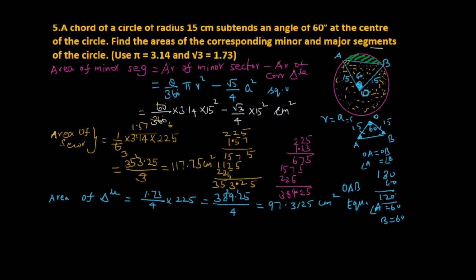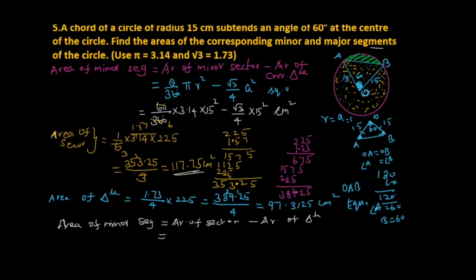Now area of minor segment is equal to area of sector, which is minor sector, minus area of triangle. So here we got area of sector.